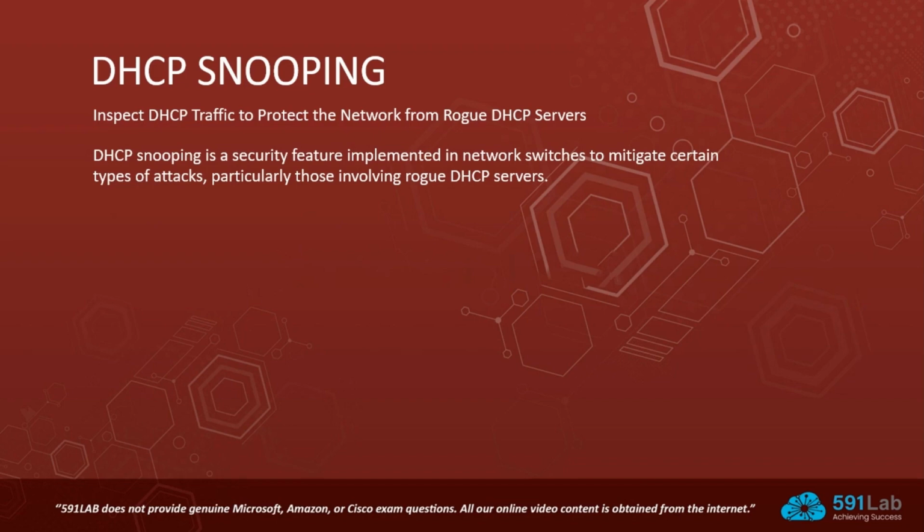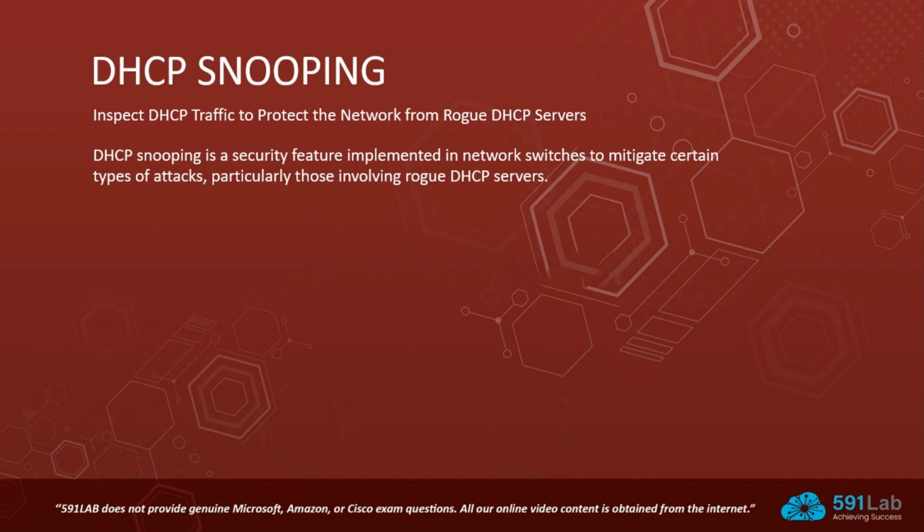DHCP snooping helps prevent such unauthorized DHCP servers from operating on a network. And also, DHCP snooping protects the DHCP service in your network from rogue DHCP servers and information leak.